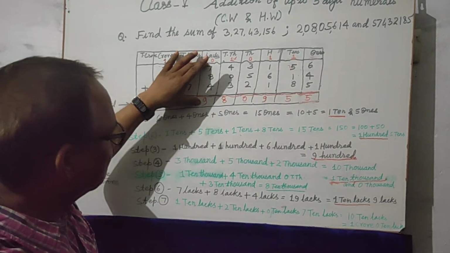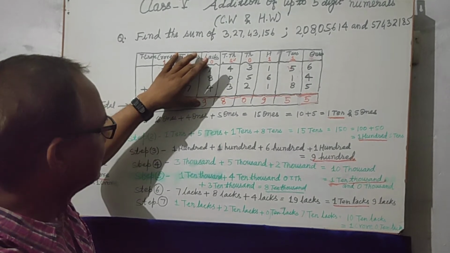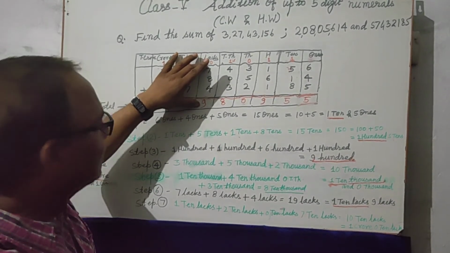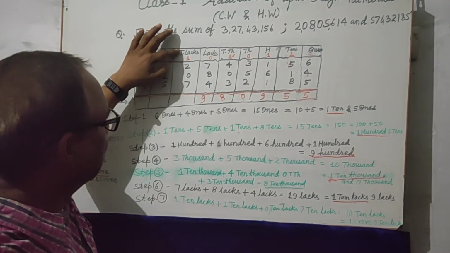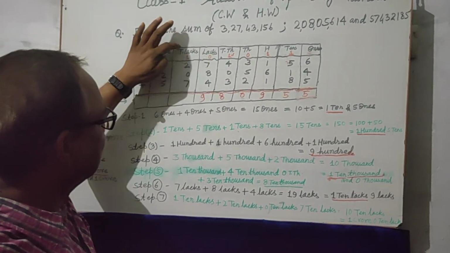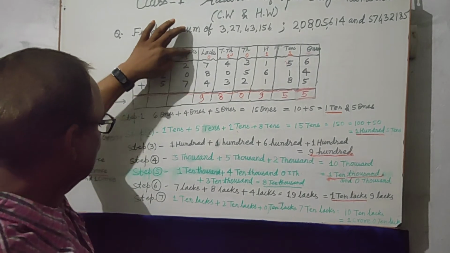We have done already up to the 6th step. Now we are going to solve the 7th step, at the place of ten lakhs.